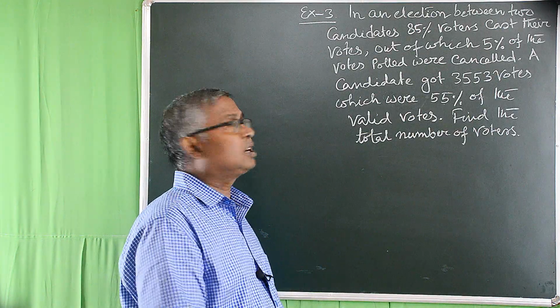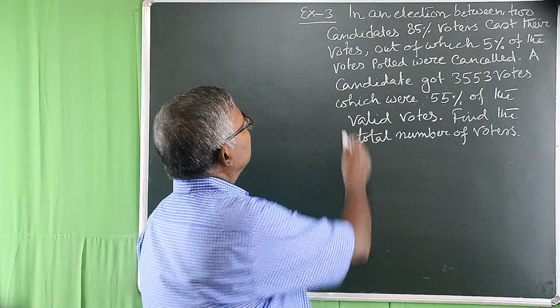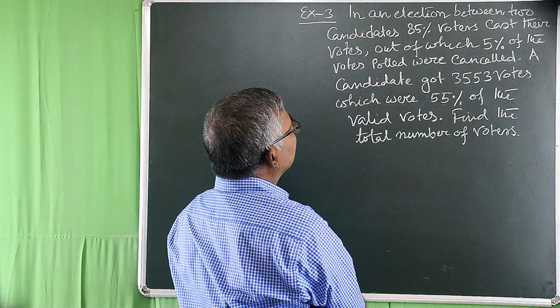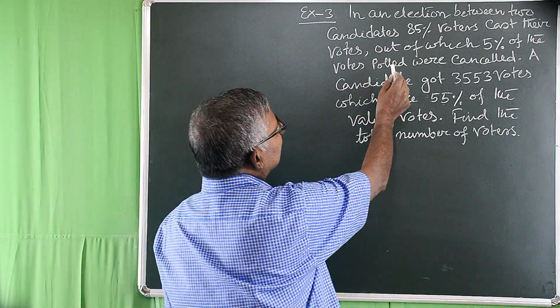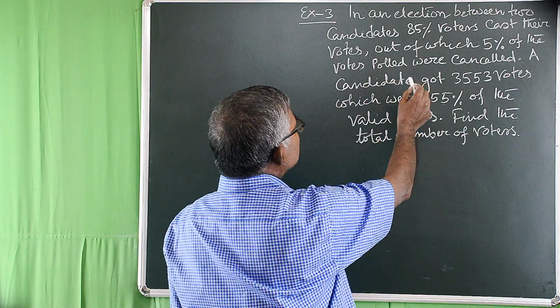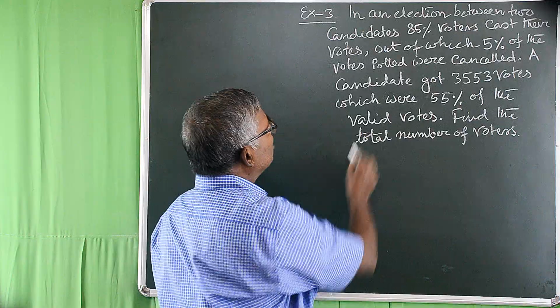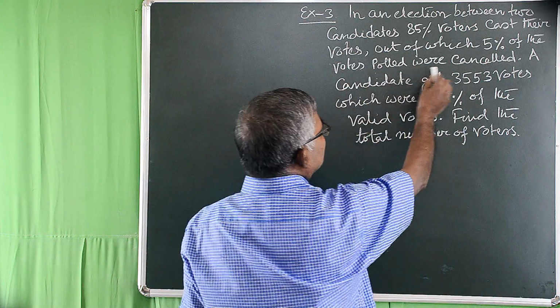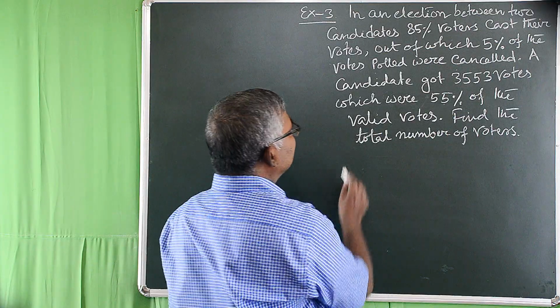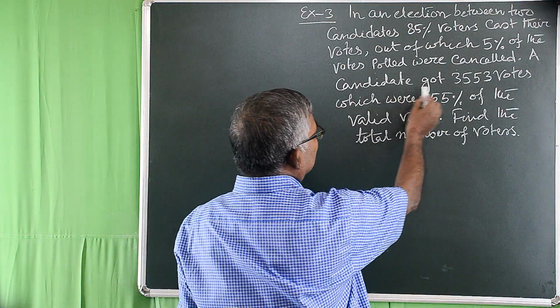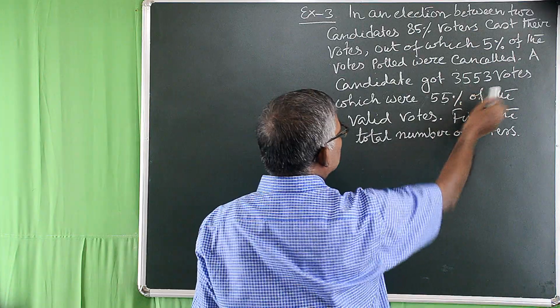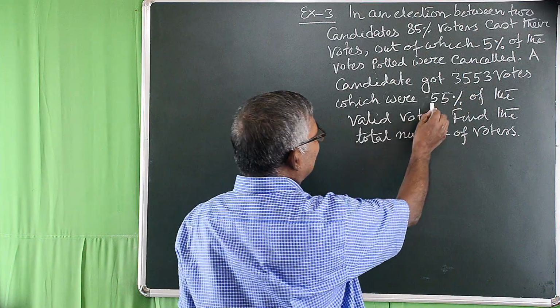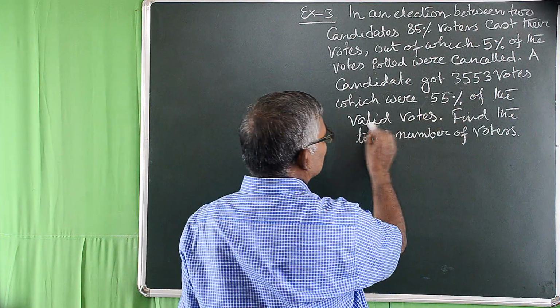Let us consider the third problem. In an election between two candidates, 85% voters cast their votes, out of which 5% of the votes polled were cancelled. A candidate got 3,553 votes, which were 55% of the valid votes.